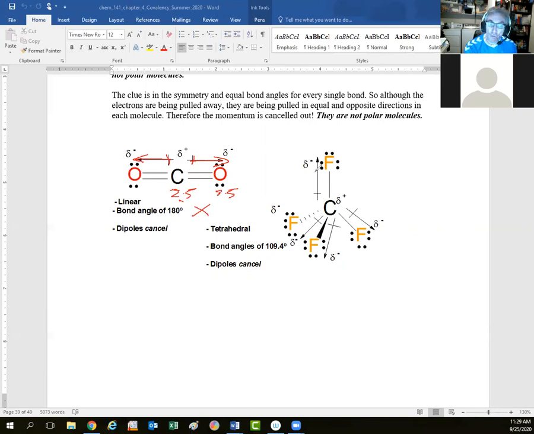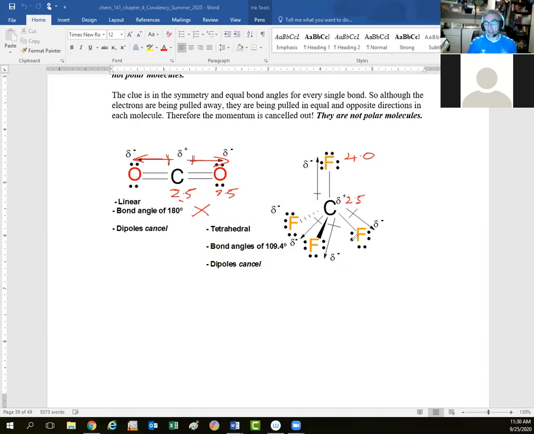Likewise, consider a tetrahedral molecule where all four bonds are polar, a difference of 1.5 between carbon and fluorine, 4.0 to 2.5. All four bonds are polar, and they're pulling to opposite corners of a cube, so those bonds cancel each other out.